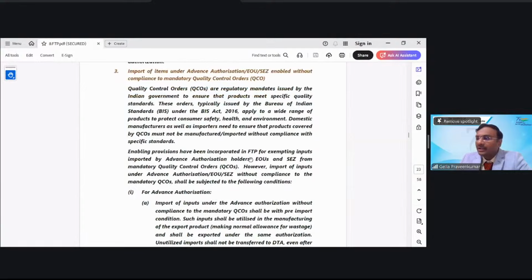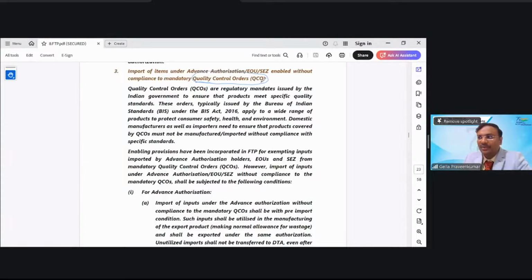Now, there's another interesting topic called Quality Control Order, QCO. These goods, import of items under advance authorization, EOU, SEZ, are enabled without compliance to Quality Control Order. Examination. This is a new topic.